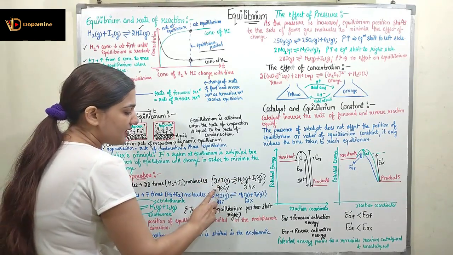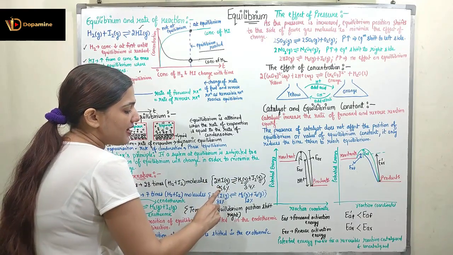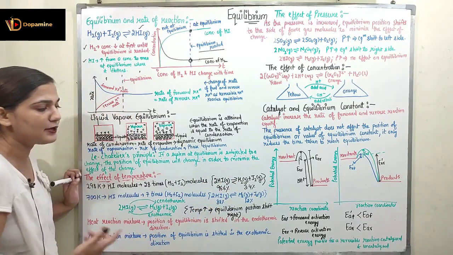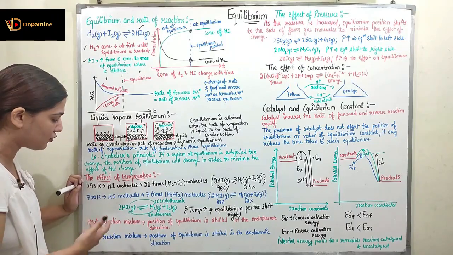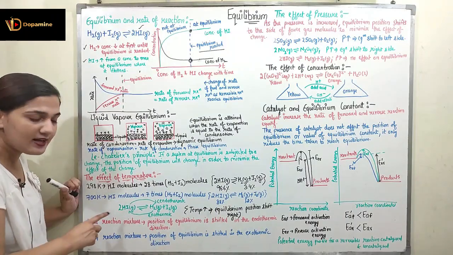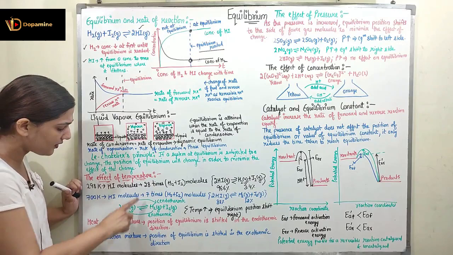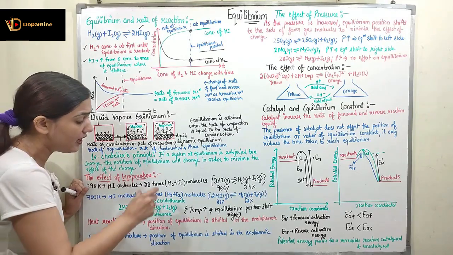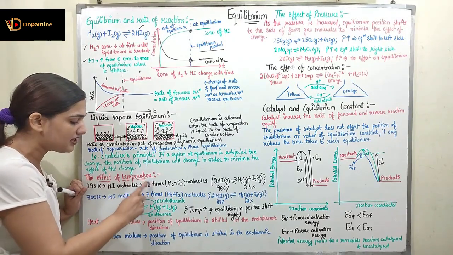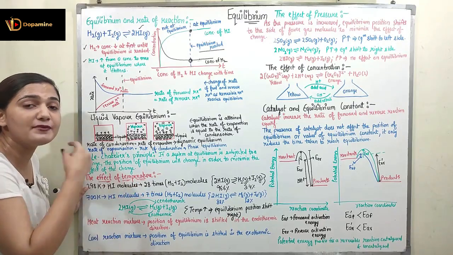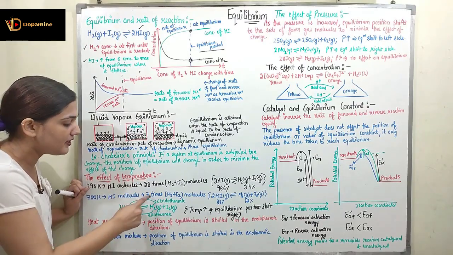Here the concentration of 2HI is 96.6%, whereas H2 plus I2 will be 3.4% only. Now if I increase the temperature to 700 Kelvin, if I again observe the HI molecules, now it is just 7 times. Initially it was 28 times. So if I am increasing the temperature, what is happening?